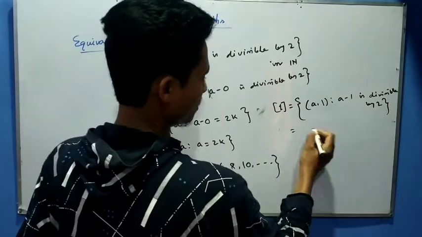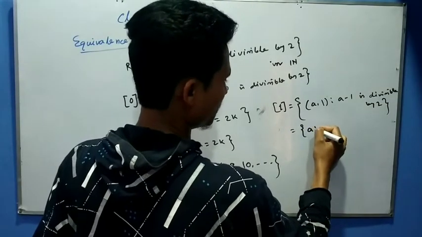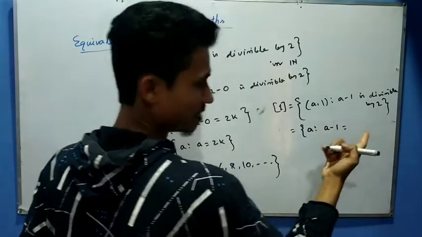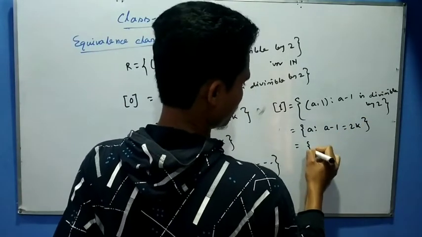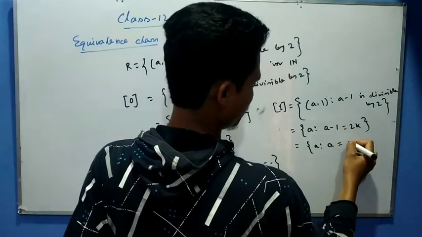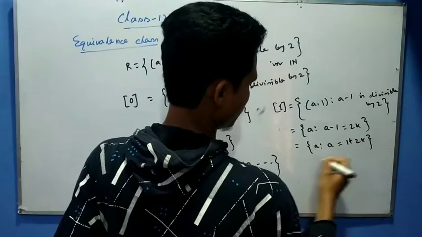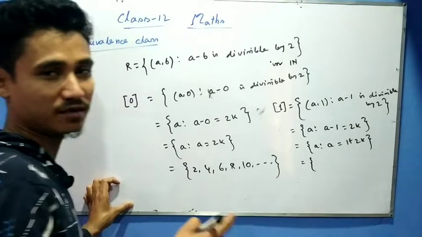So see, the value of a such that a minus 1 is divisible by 2, meaning a multiple of 2, that means we can say 2k. So a such that a equals 1 plus 2k. Now what are the possible values? 2k plus 1 is the form.